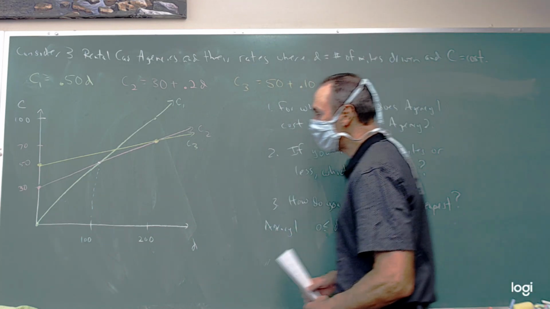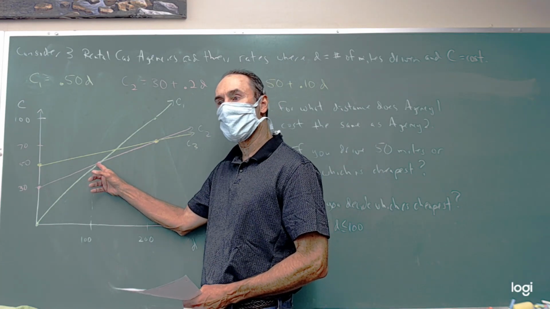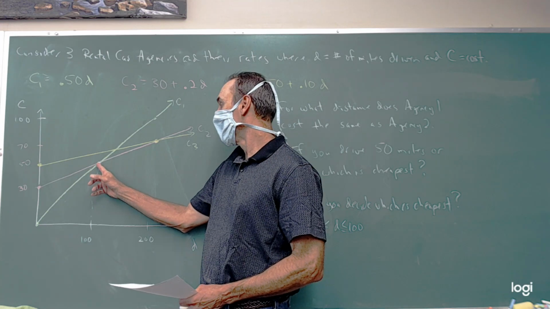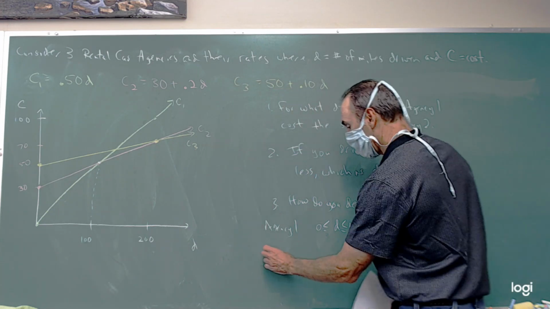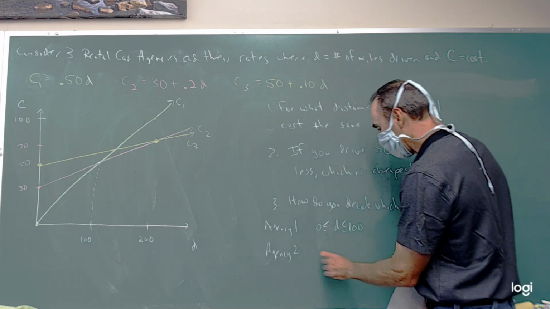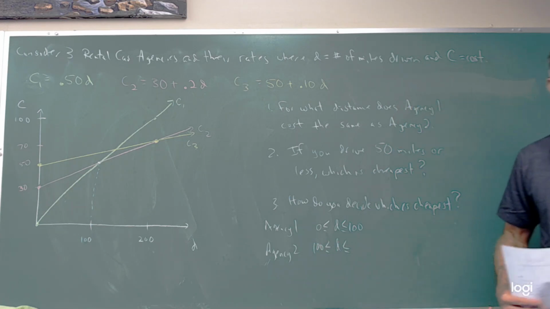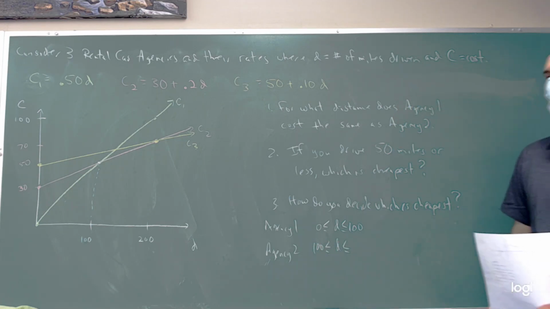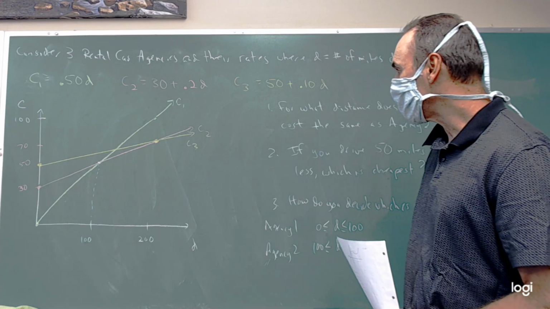So then once you get to 100 miles, what we're doing is trying to follow the path that's closest to the x-axis. So now we're going to jump to that pink line, which is agency 2. And so agency 2 becomes the cheapest. And we can include the 100 there. Again, like we said, that's going to be a coin flip. So which one's got nicer cars, I guess, might come into play there. And this is going to be the cheapest up until when?